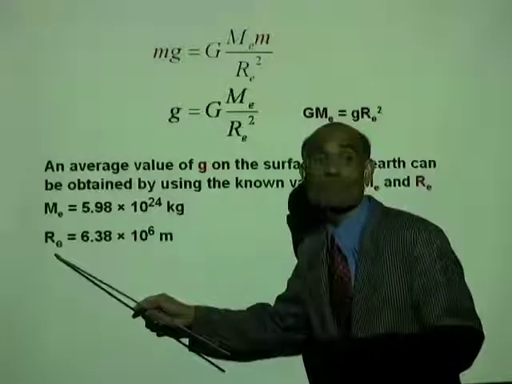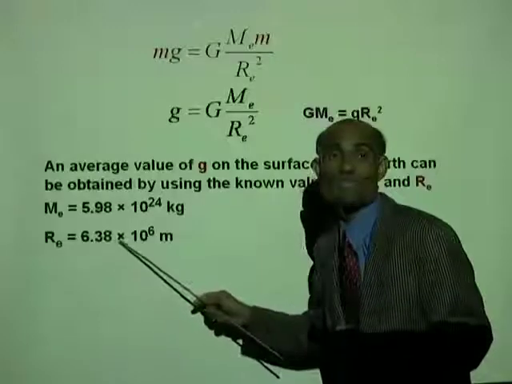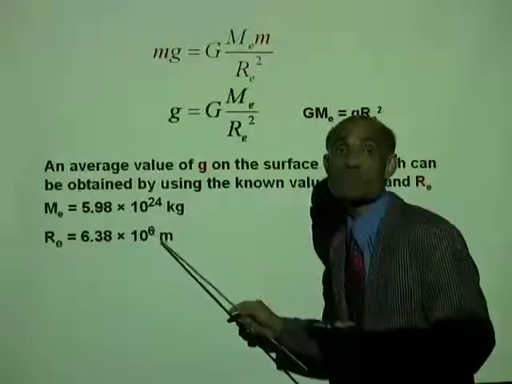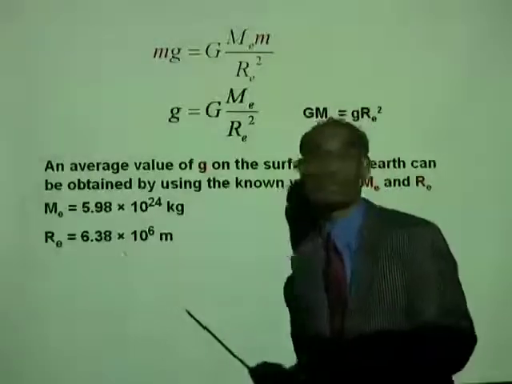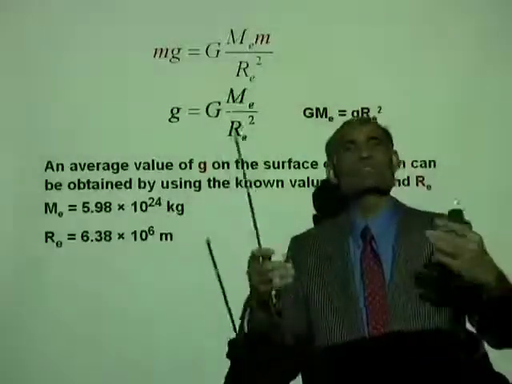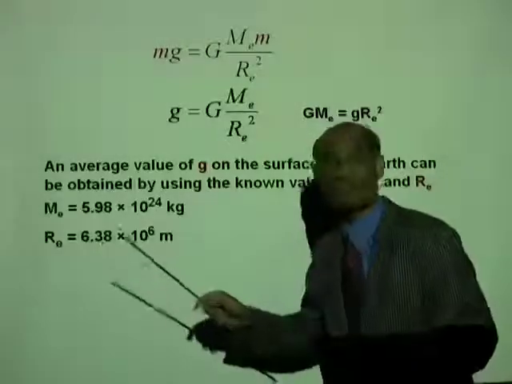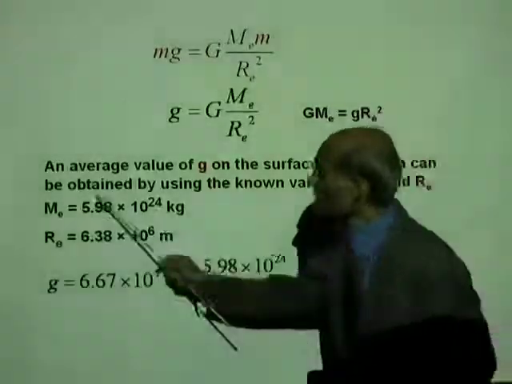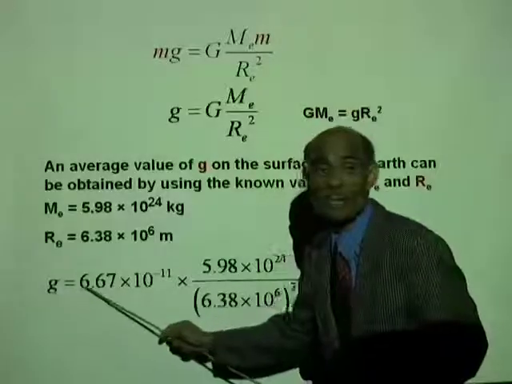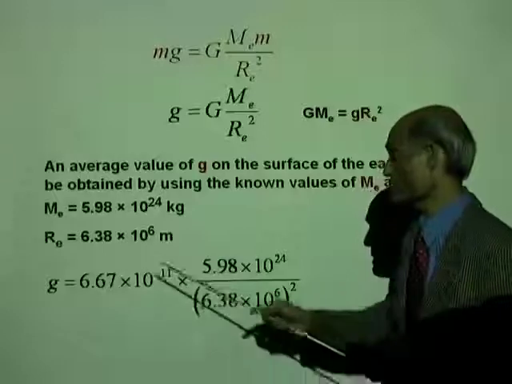And the radius of the Earth, I would like you to remember this value, 6.38 times 10 to the 6 meter. That is the radius of the Earth. We know the radius slightly differs at the equator and at the poles. This is an average value. And using these two values, we can calculate a value for acceleration due to gravity.